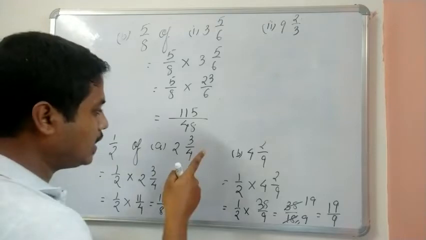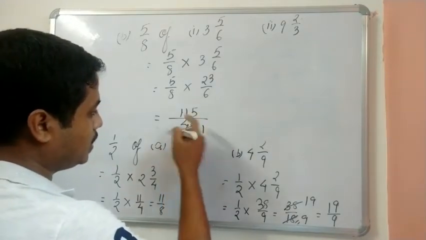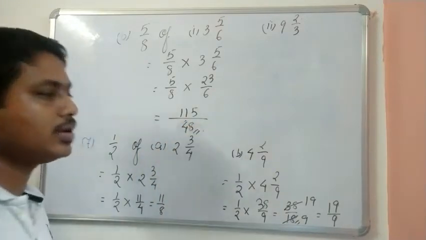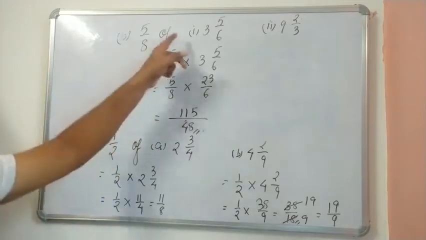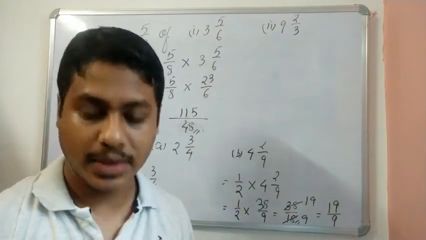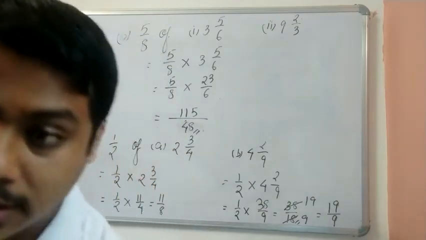I can cancel a little bit, I think no, it cannot be cancelled. So it will be 115 by 48. This will be your answer for question B1. Number 2 you have to try by yourself.